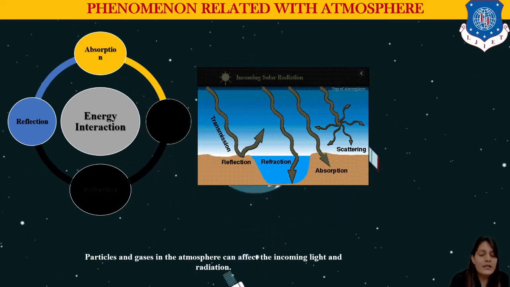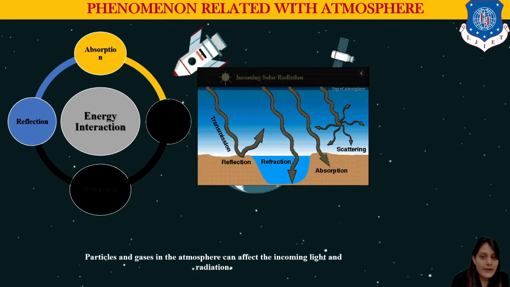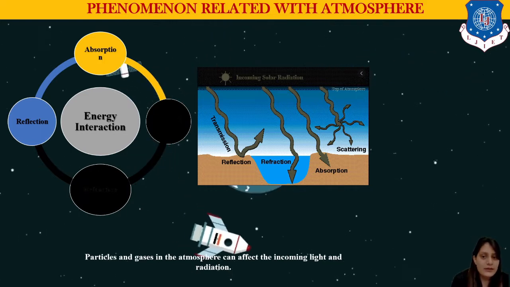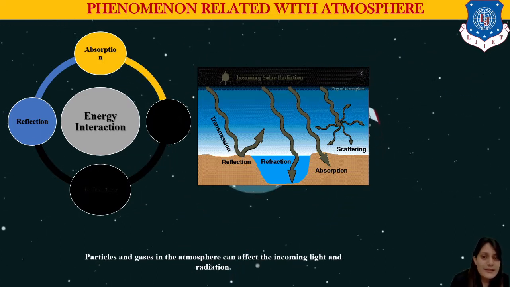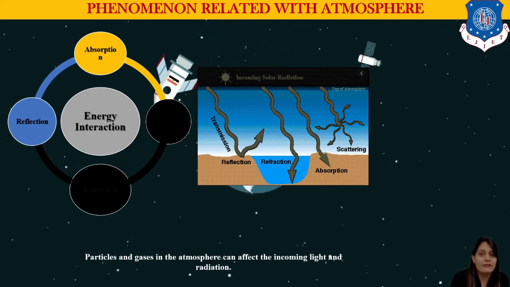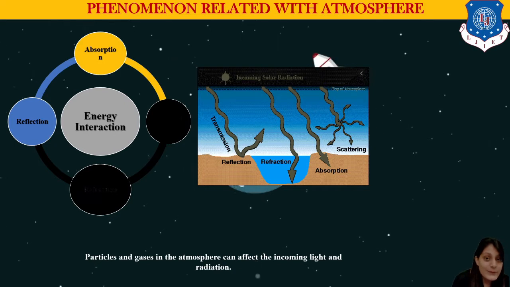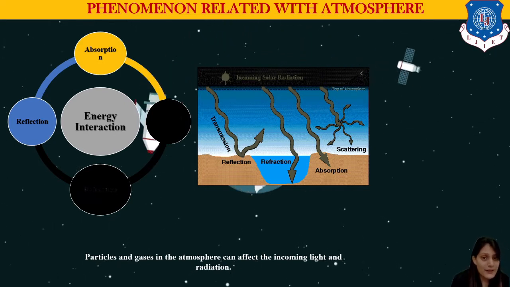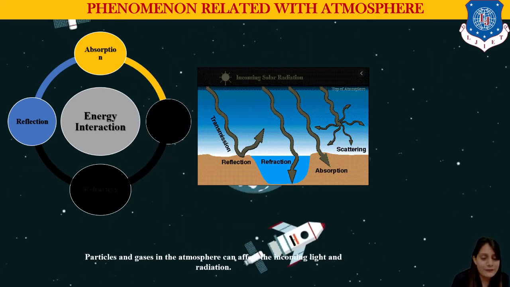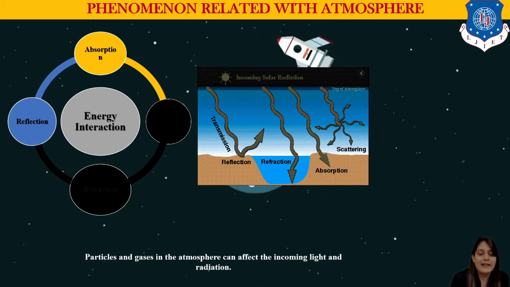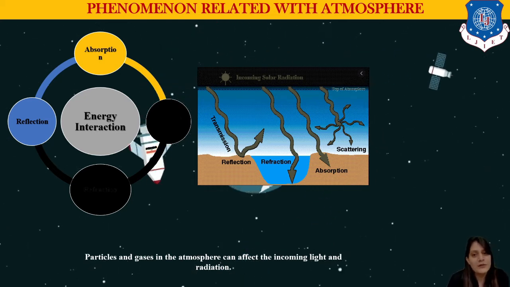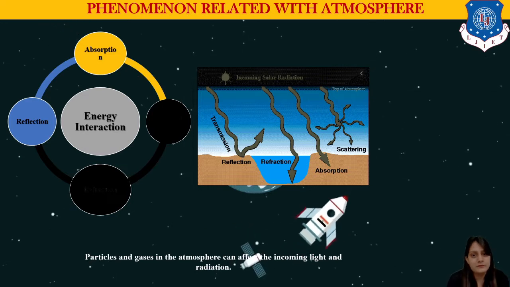Incoming solar radiation is transmitted, or it is reflected. Another part is refracted, traveling from one medium to another medium. Absorption means it is absorbed by the object itself. And last is scattering at the top of the atmosphere, which is known as scattering, right?